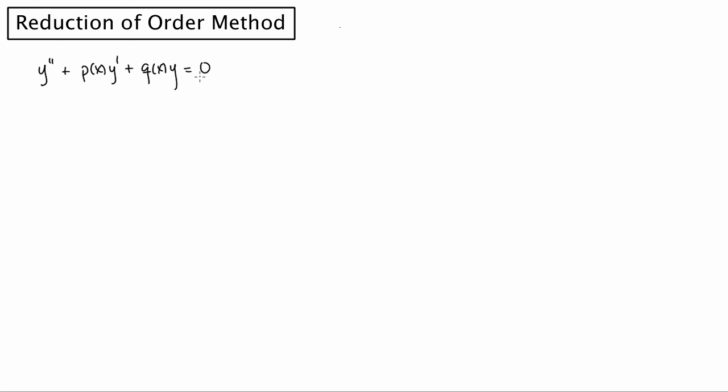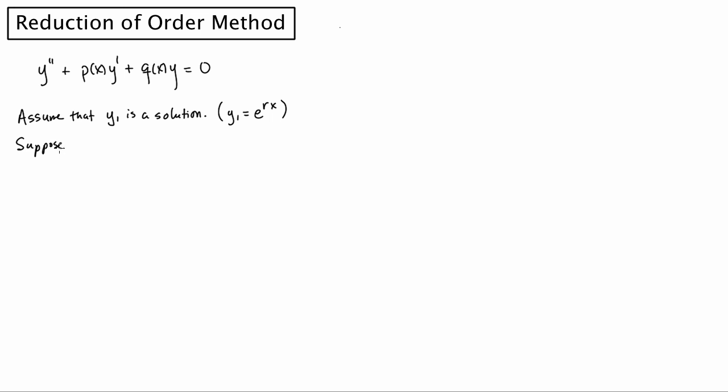Now what I want to do is assume that y1 is a solution. This is like saying that if we have a repeated real root, y1 equals e to the rx is the first root.